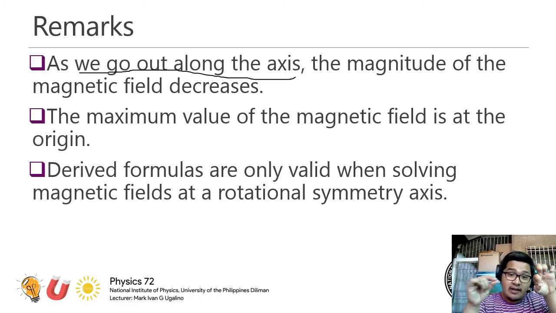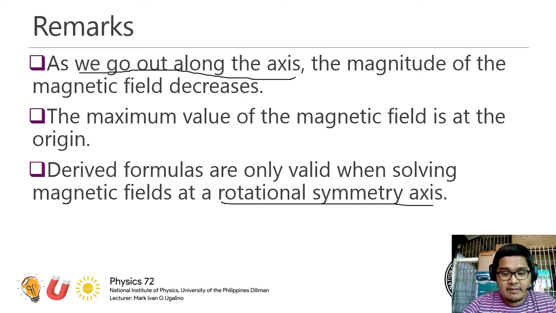And you will achieve the maximum value of the magnetic field if z is equal to 0. Now, this derived formula is valid only when solving magnetic fields at the rotational symmetry axis, like a cylinder. So the symmetry is cylindrical. That's what we refer to as a rotational symmetry axis.